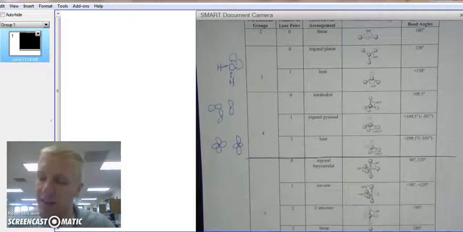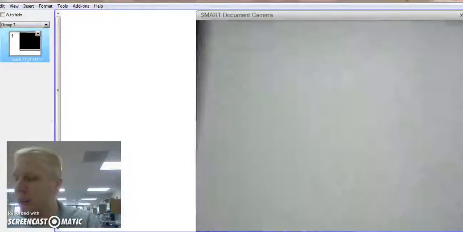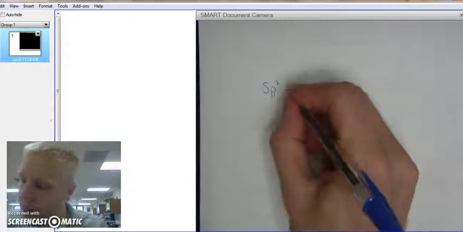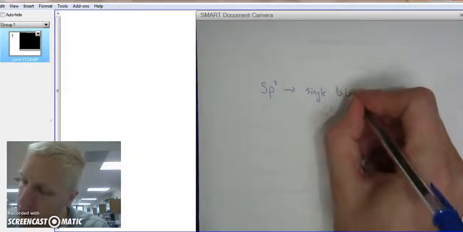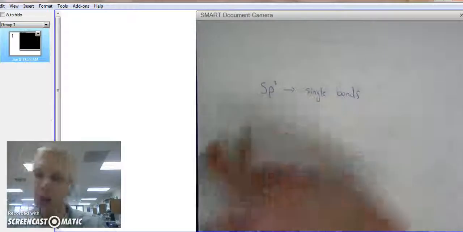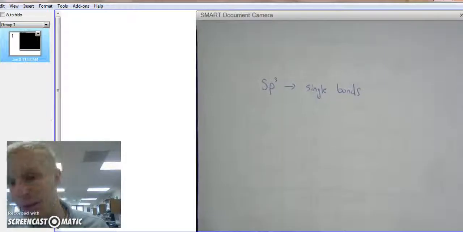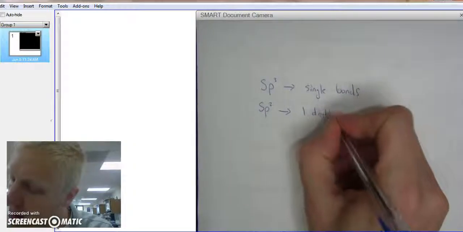For the hybridizations that we're going to be talking about, sp3 is a common one. Let me just write these down. So we have sp3. That's just if you have single bonds. You have one s orbital and three p orbitals that are all meshing, overlapping to form an sp3 hybridized orbital. And then you have sp2. This is one double bond.